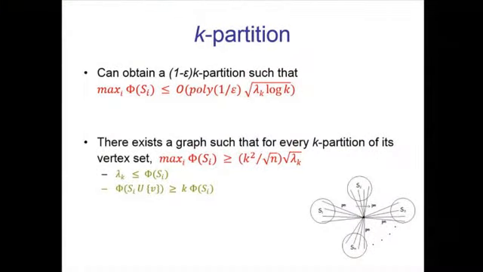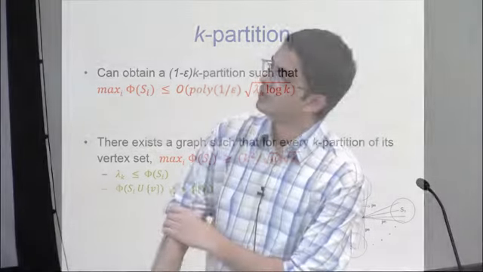Okay. So for the k-partition, I told you that you can obtain a (1 minus epsilon)k partition such that your expansion is like poly(1 over epsilon) times square root of lambda_k log k. So you really cannot do away with the poly(1 over epsilon) over here.